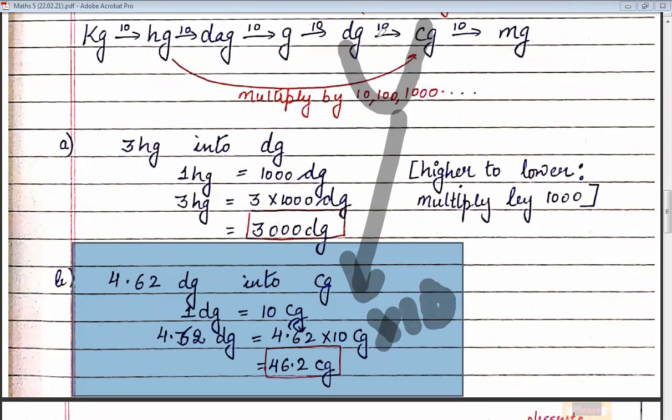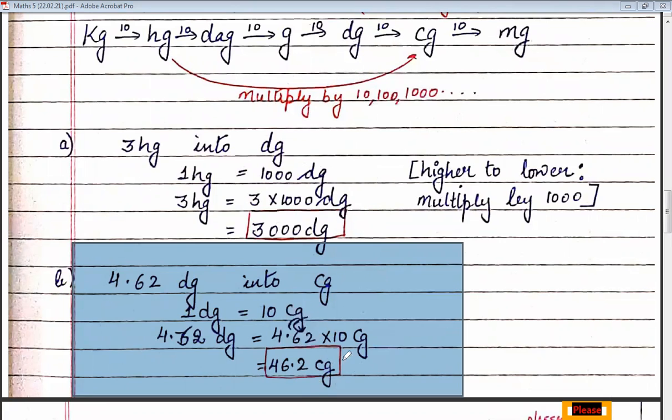You can see here it's only 10. So now children, let's multiply 4.62 by 10 and shift the decimal to the right side. So here your final answer is 46.2 centigram. Is it clear, students? So now let's move on to our C part.